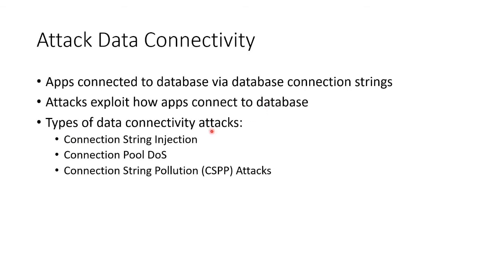There are different types of database connectivity attacks. We could have string injection, where we're basically putting in a phony string. We could have a denial of service attack against the app pool, or we could have connection string pollution attacks. So even between the app and the database, we could attack their connectivity.